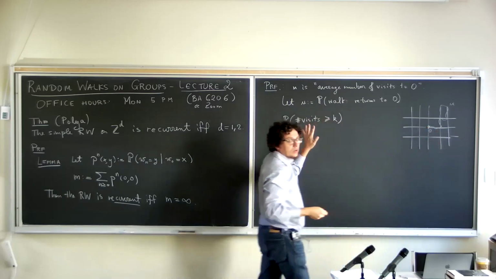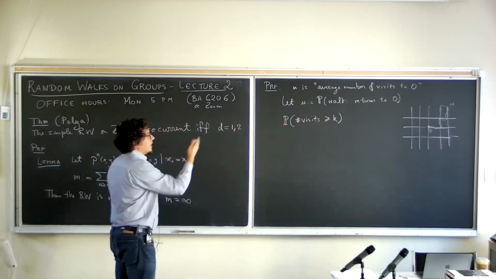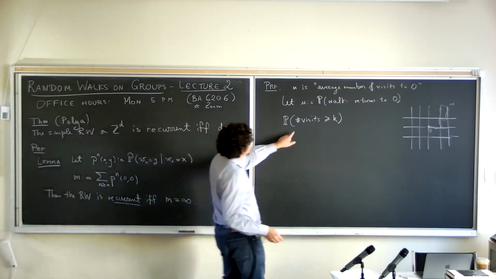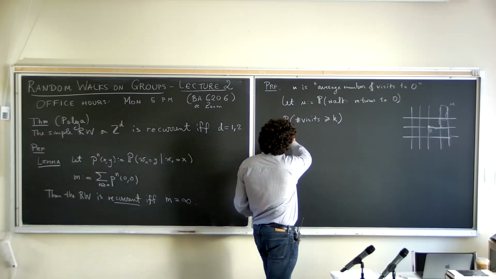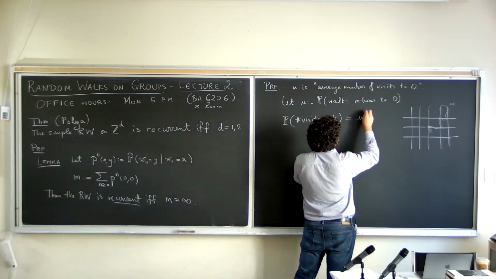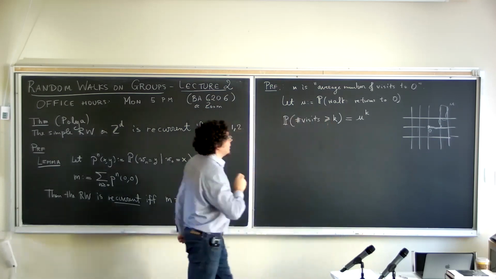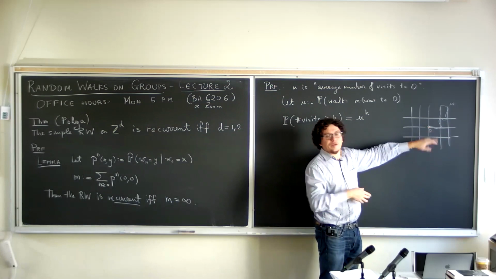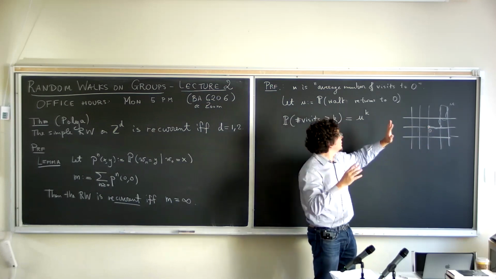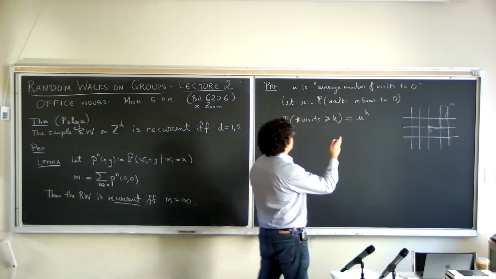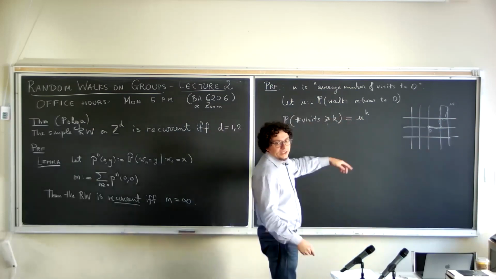Since this is a random walk, there is independence of this return time. There's a Markov property. So basically the probability that the number of visits is at least k is u to the k. Because once you return once, you can forget everything that happened in the past, and you have to do it again. So you get u again, so it's multiplicative.